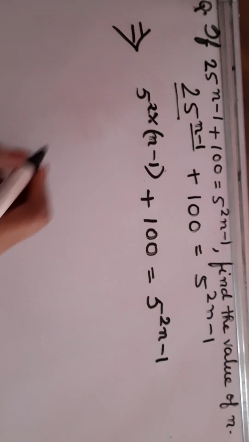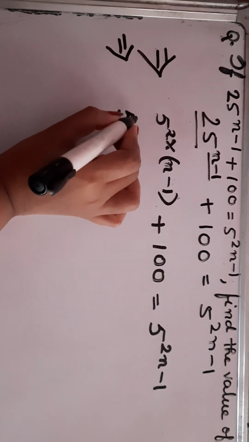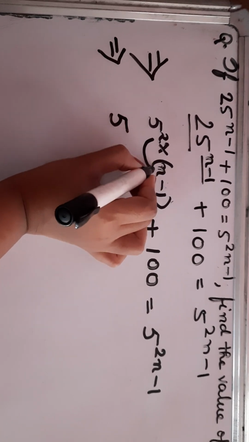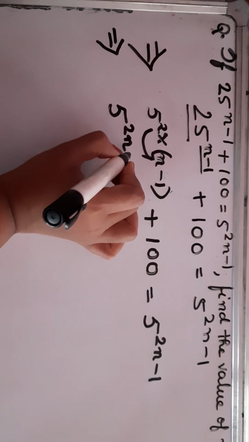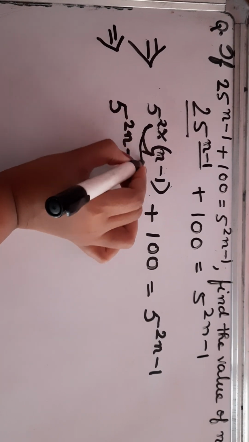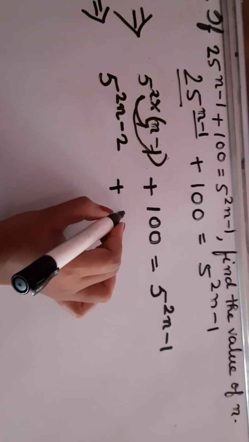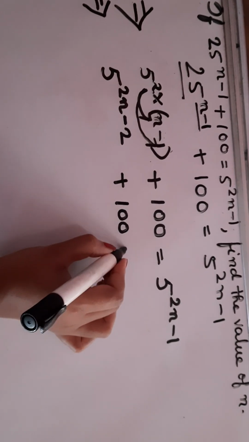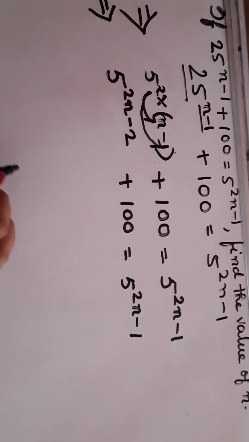Now let us solve this part. We will write 5 to the power 2 into n, that is 2n, minus 2 into 1, that is 2, plus 100 equal to 5 to the power 2n minus 1.